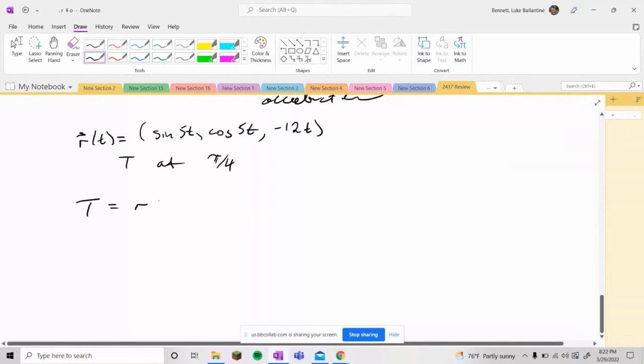So T is r prime over magnitude of r prime.